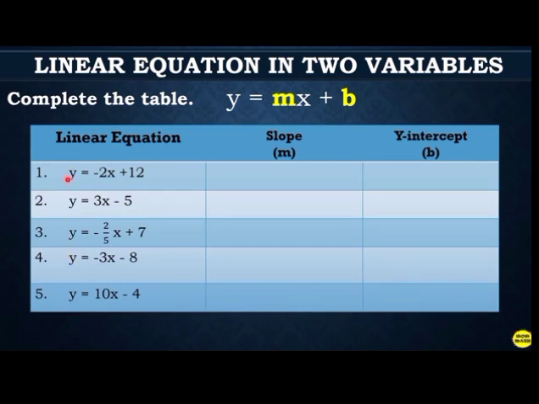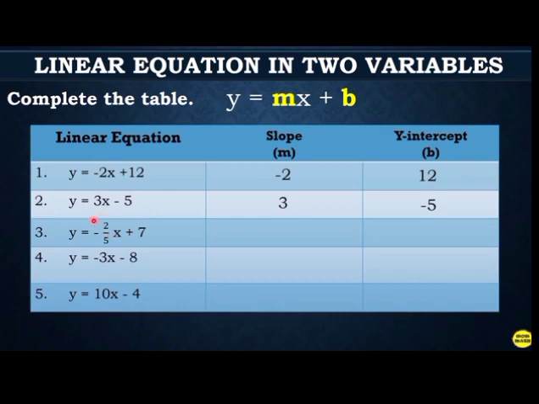Okay, in number 1, y equals negative 2x plus 12. We need to look for the m, which is the slope. So the m here is negative 2 and the y-intercept is 12. Next, the m or the slope is 3 and the y-intercept is negative 5.